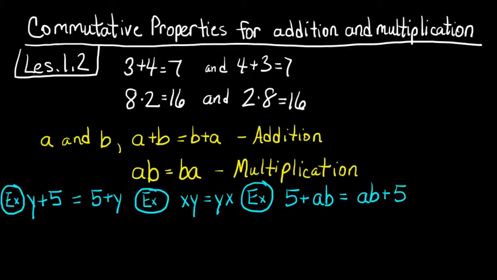I could also use the commutative property of multiplication by leaving the 5 where it is, 5 plus, and then switching the a and the b around: b times a. That's an equivalent expression. And then if I use the way I wrote it the first time, I could just switch around and put b times a plus 5. Those are all ways to show equivalent expressions using the commutative property.